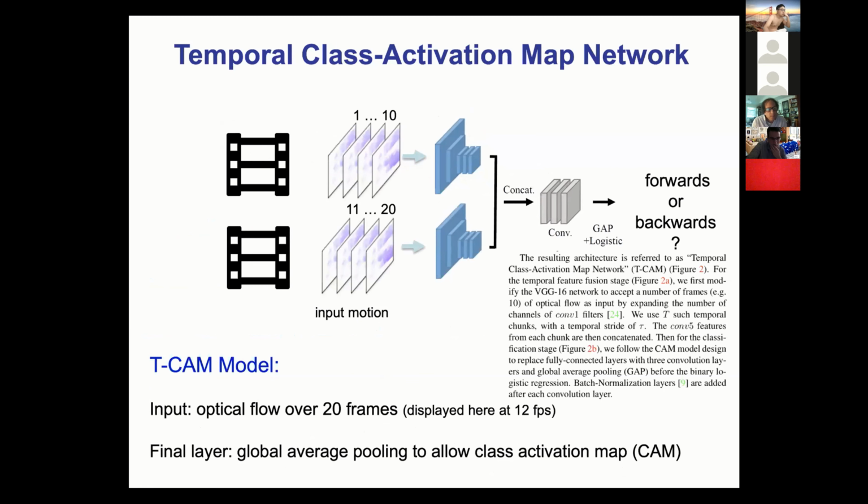So the input was video, of course, but then immediately we calculated optical flow everywhere and inputted the optical flow to a VGG-like network, and these stacks of 20 frames were our inputs, and we put them into these image analyzing networks, concatenated them over many frames, and used pooling to eventually have the final layer output a decision of the video playing either forwards or backwards.